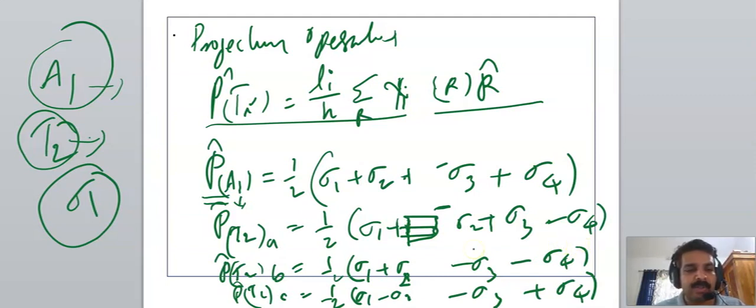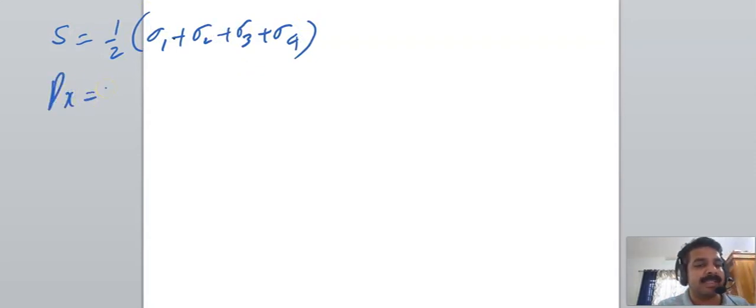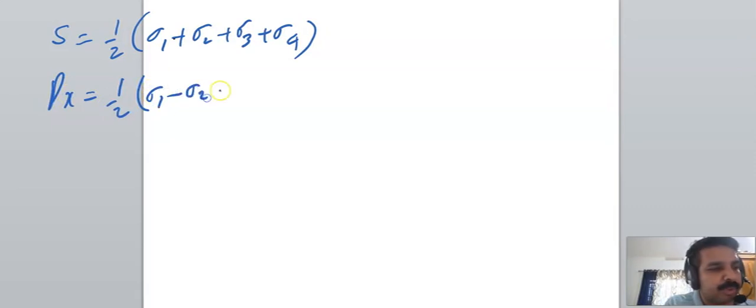And these are the SALCs, obtained by doing the projection operator. That is, we project out a linear combination having a particular symmetry. The first one has the same symmetry as the s orbital, and that is equal to 1 by 2 into (sigma 1 plus sigma 2 plus sigma 3 plus sigma 4). The other SALC has the symmetry of px, equal to 1 by 2 into (sigma 1 minus sigma 2 plus sigma 3 minus sigma 4).